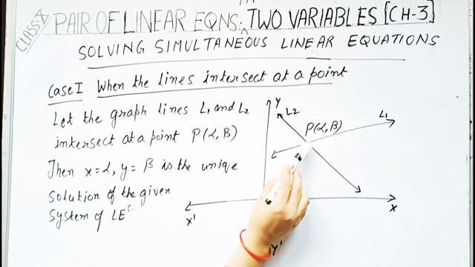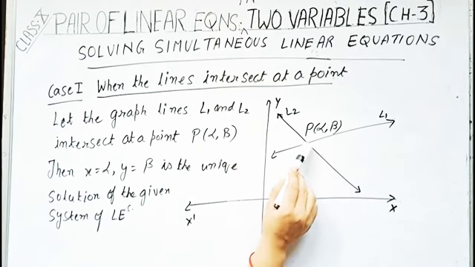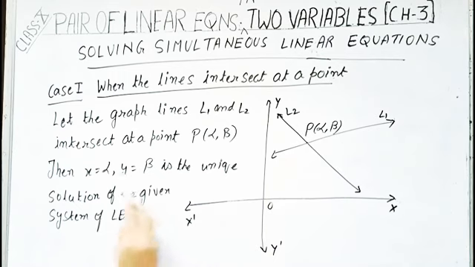That is, this point is the point of intersection of the lines L1 and L2. It means this point satisfies both the equations. If they intersect at a point P(alpha, beta), then x equals alpha and y equals beta is the unique solution of the given system of linear equations.